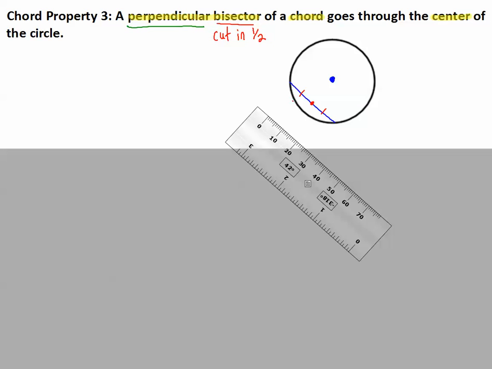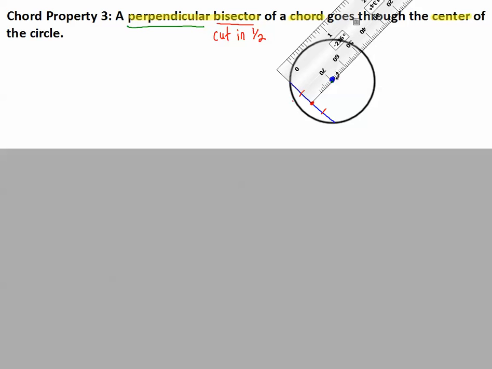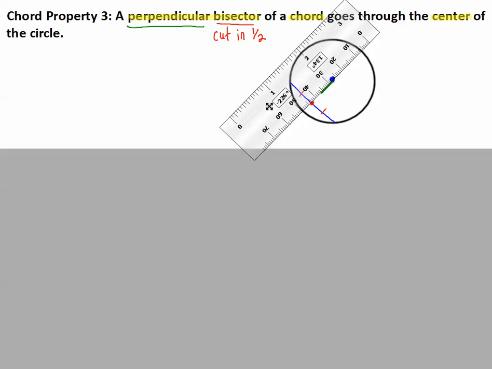perpendicular. So notice again, I'm using the cheat way to make perpendicular by using my rectangular ruler. So drawing a line down there, now I'm going to extend my ruler so that I can complete that line to go all the way through my chord and maybe even into my circle. I can even extend that the other way.